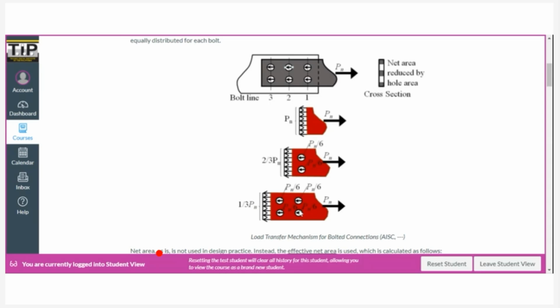Okay, so for this particular area, it only carries 1/3 of the load. Okay, so that's how the load transfer mechanism works for bolted connections.